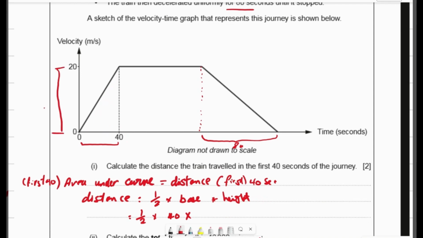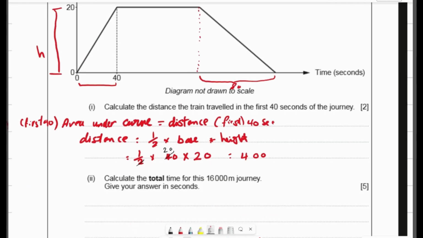So this is the height here. That means we can calculate it efficiently here, and you know that the 4 can be cancelled with the 2 on the bottom of the fraction. So 4 divided by 2 is 2. That means it would be 20 here, and the answer would be 400. And what is the unit here? You have to look at the question here. If it's meters, we have to write meters. So now we got the distance here.